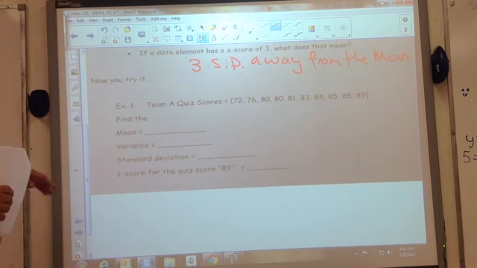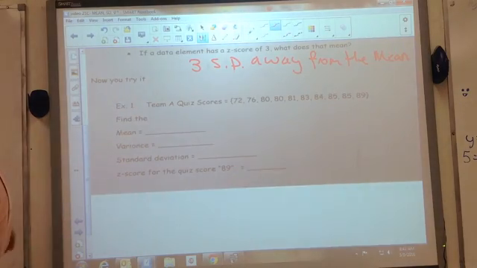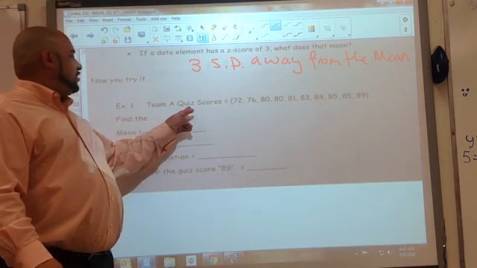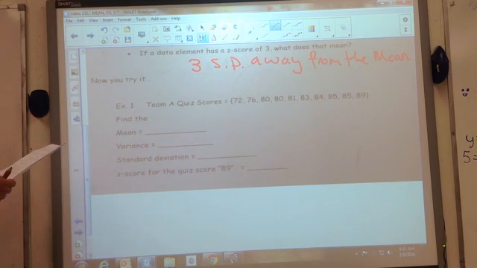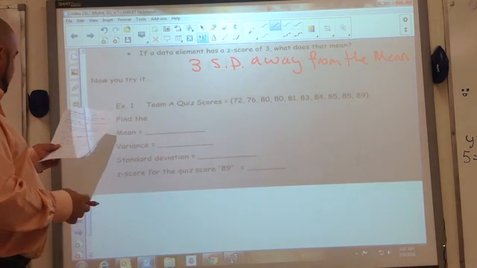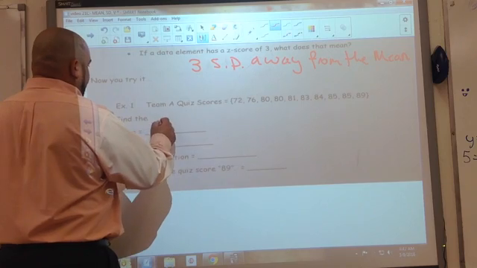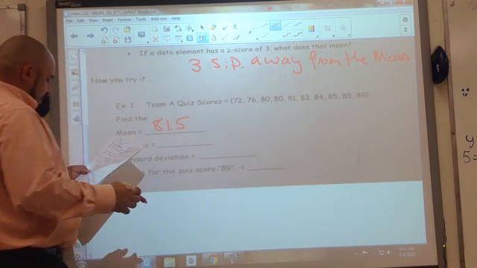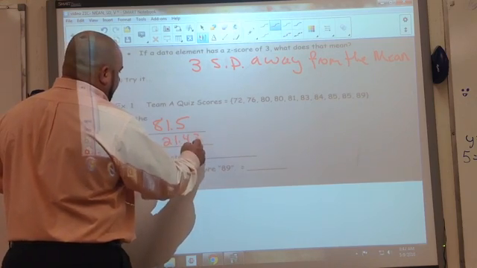So now we're going to do example number 1. It's at the bottom there. Example number 1 says Team A quiz scores. I'm going to give you some of this information, and I want you to figure out the z-score. I went ahead and did this one already. The mean is 81.5. The variance is 21.43.